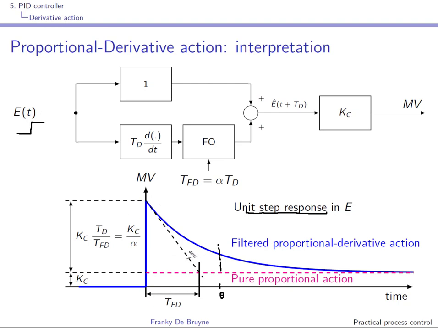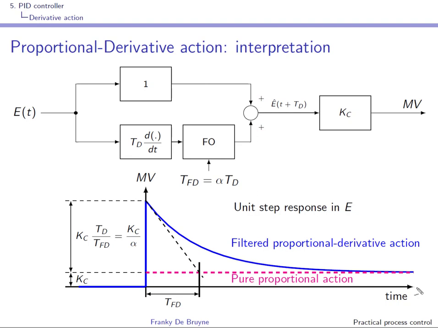We had this same interpretation also with the PI controller. The first part of the unit step response is very easy. You have a step over here, and the output of the controller will be simply Kc times this step, and this is what you see here in purple. So this is the purely proportional action.